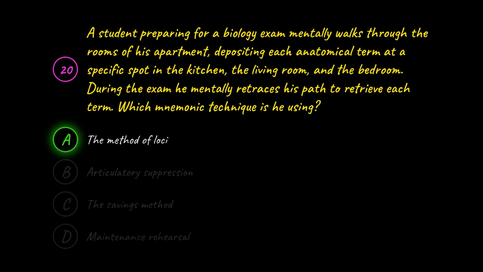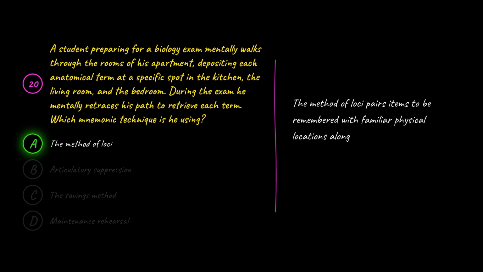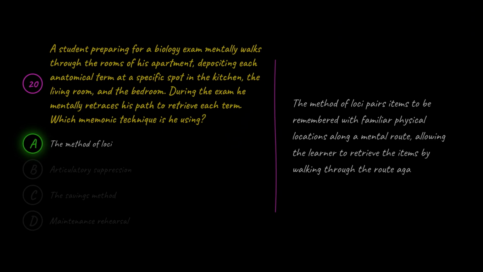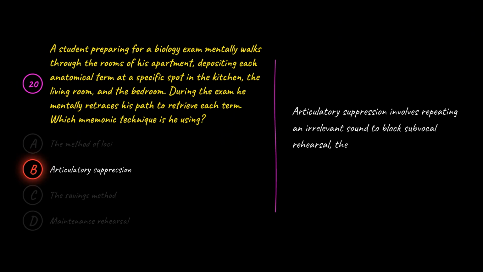The correct answer is A. The method of loci. A is correct because the method of loci pairs items to be remembered with familiar physical locations along a mental route, allowing the learner to retrieve the items by walking through the route again. B is wrong because articulatory suppression involves repeating an irrelevant sound to block subvocal rehearsal, the opposite of an aid to memory.